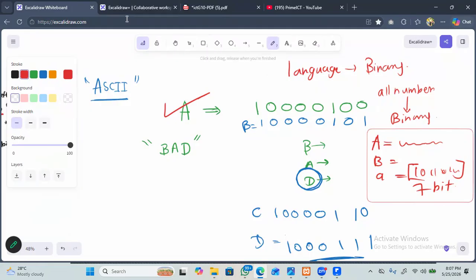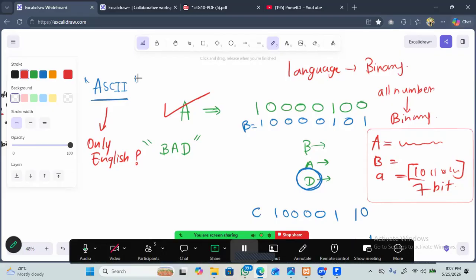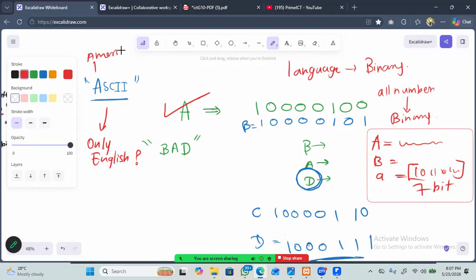Now tell me, is ASCII supporting only English or all the languages? It is American Standard Code for Information Interchange. The code is for information exchange done by Americans.